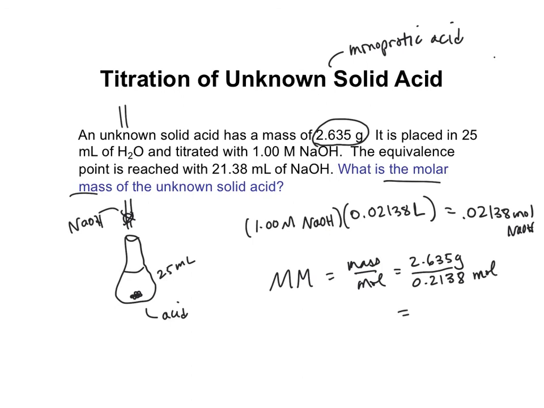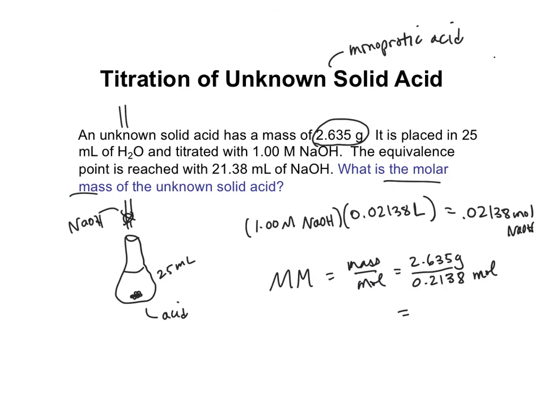So you've got here 2.635 divided by 0.2138. And that is, something wrong with that.